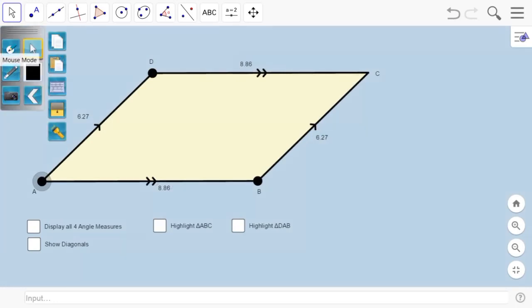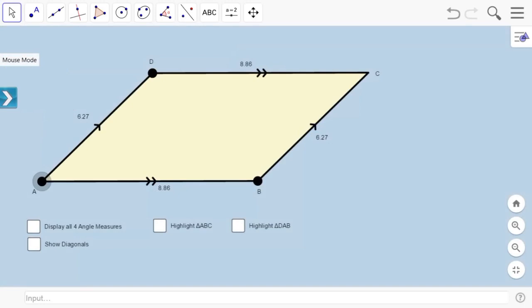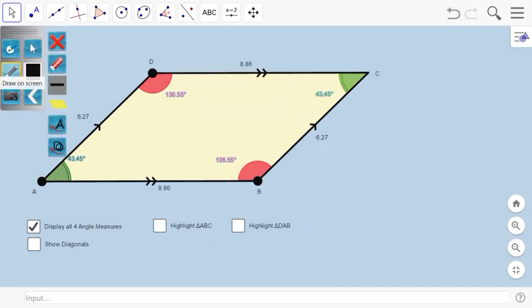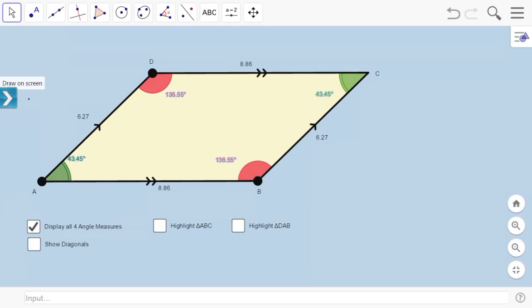Now look at the measurement of angles. A is 43.45, C is also 43.45, B is 136.55, D is 136.55. So here A and C are what type of angles?